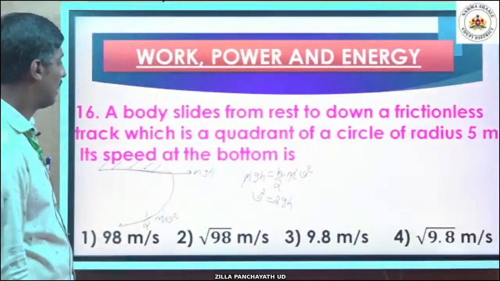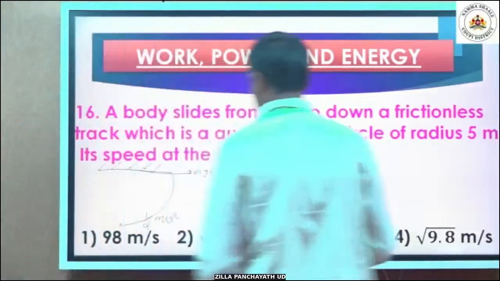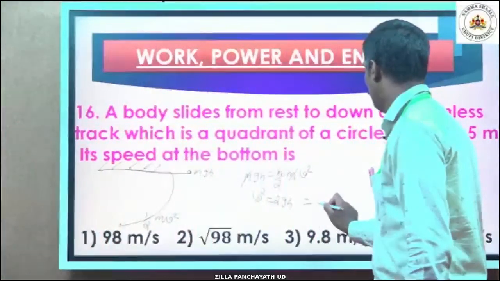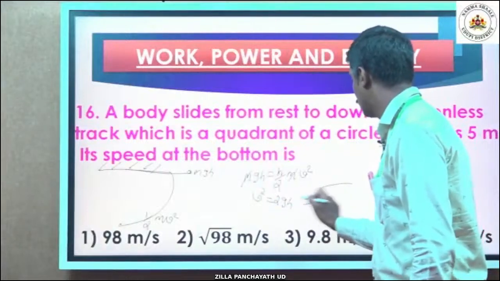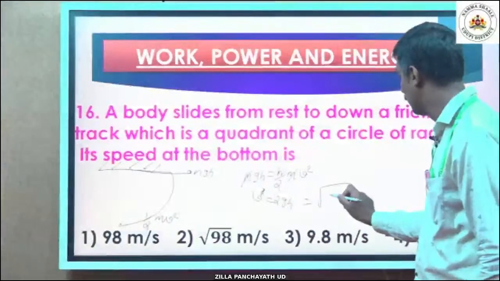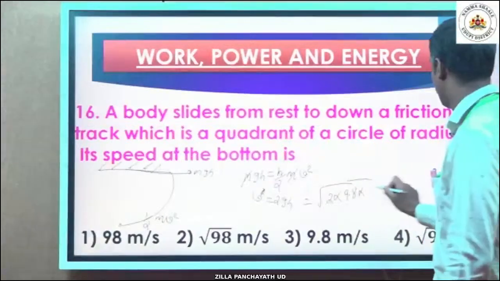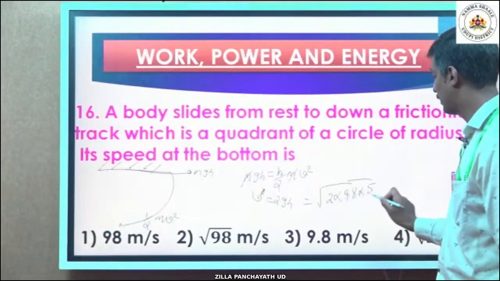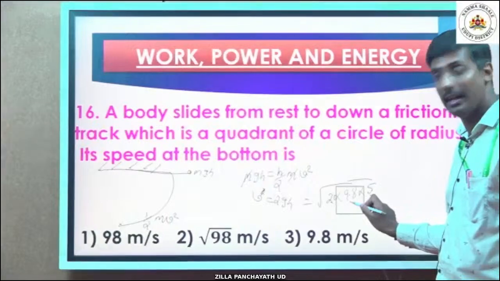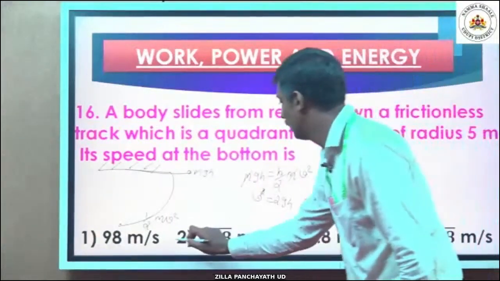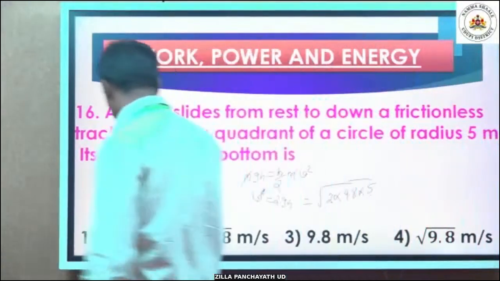So v is equal to square root of 2gh. 2 into g value 9.8 into height 5. 5 2s are 10, 10 into 9.8 is 98. So the answer is 98, clear.